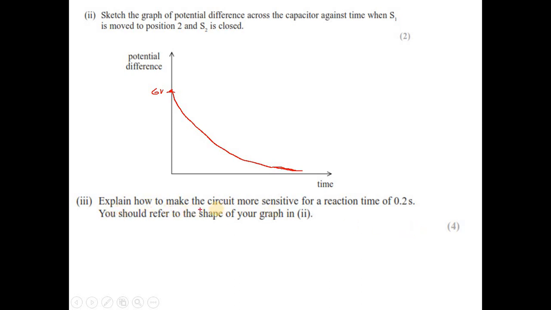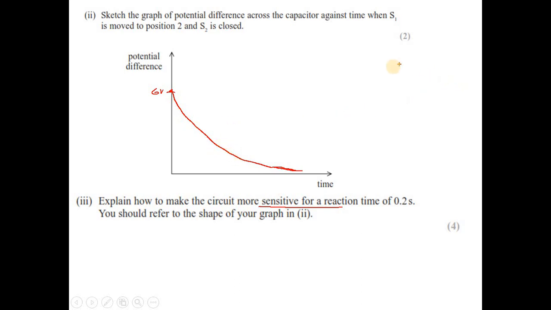Explain how to make the circuit more sensitive for a reaction time of 0.2 second. You should refer to the shape of your graph. For this type of circuit, the sensitivity of the circuit is how fast or slow the voltage is changing with respect to time.